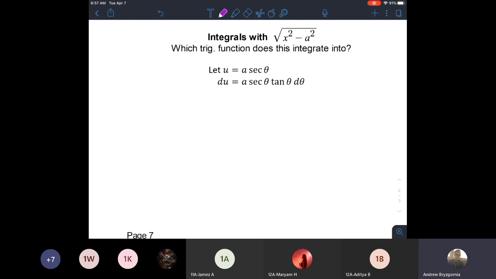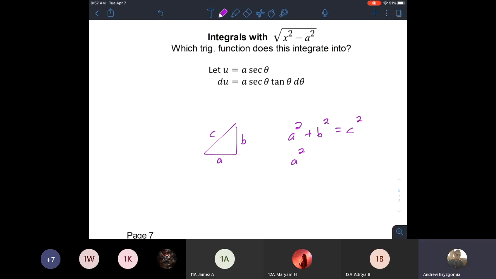What I was trying to comment on earlier with our triangles: if we're supposed to have something minus something else, think of the Pythagorean theorem with A, B, and C. Normally we have A squared plus B squared equals C squared.